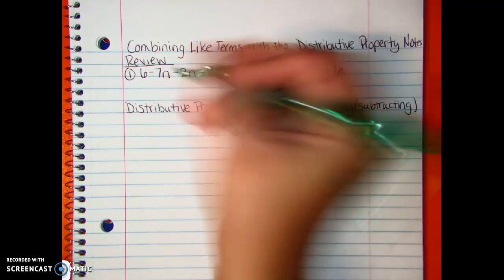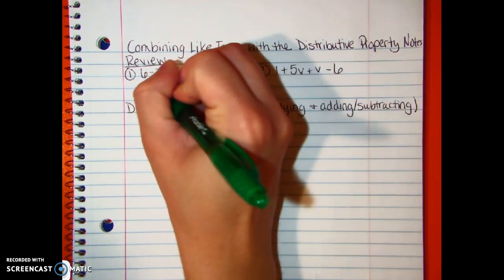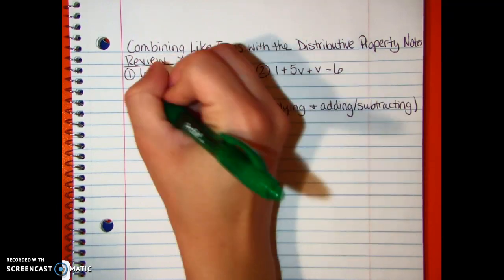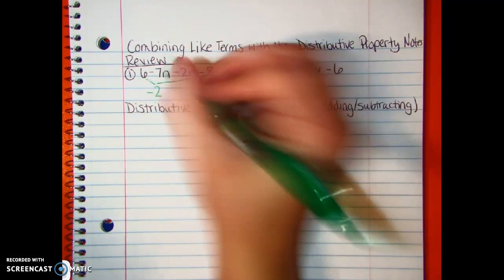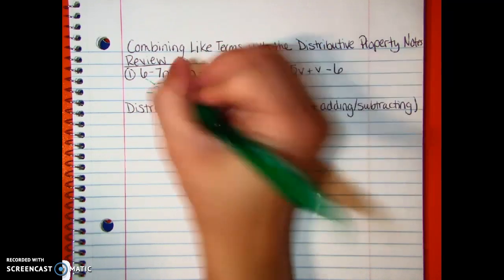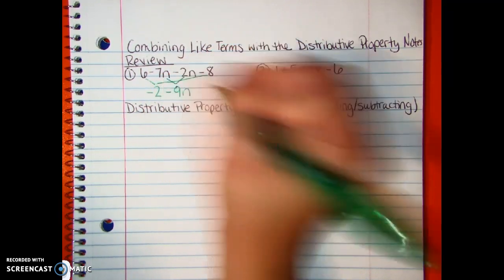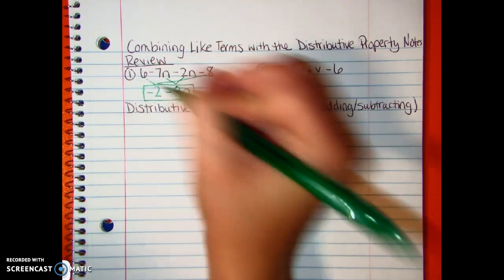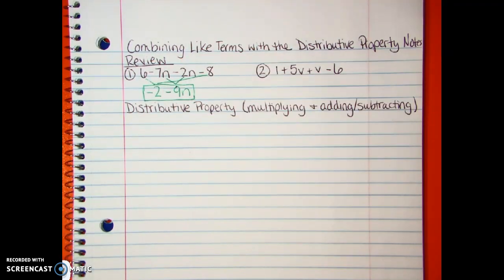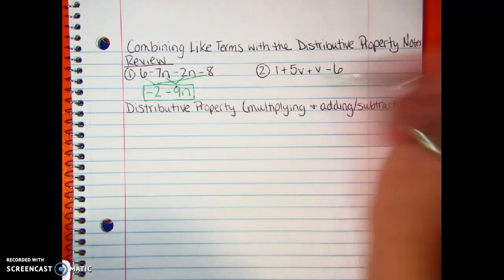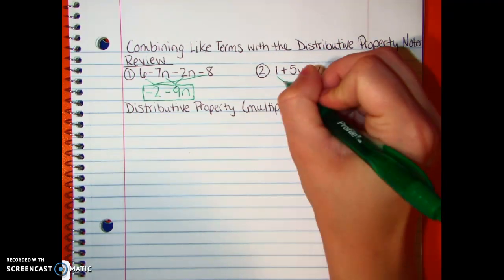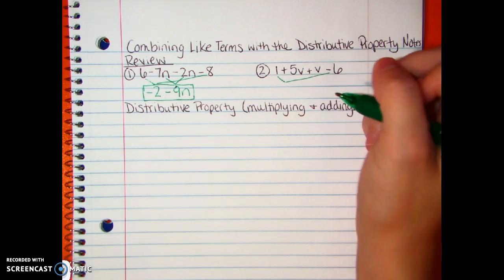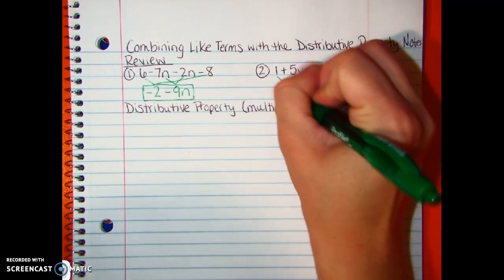Okay, let's combine like terms. 6 minus 8 is negative 2, and negative 7 minus 2n is negative 9n, or minus 9n. So there's the answer for that one. And for number 2, I'm going to add 1 and negative 6, so that's 1 minus 6, which is negative 5.